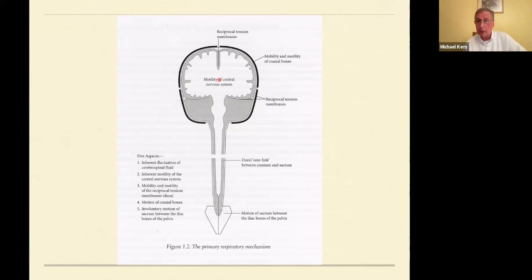So craniosacral refers to this anatomical and physiological system, and it's what this practice has become known as.